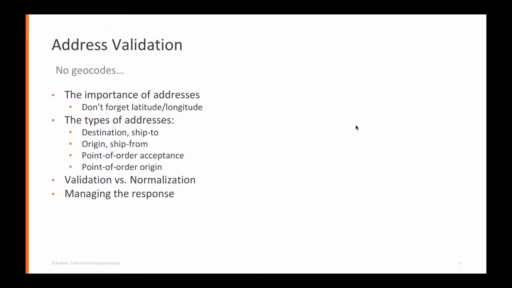We'll start with address validation. With address validation, one of the key components here with Avalara and the importance of the address is that Avalara doesn't leverage geocoding, or we're not asking you to pre-assign some type of geocode or identifier to any particular address where you're delivering a product or might be delivering a service.